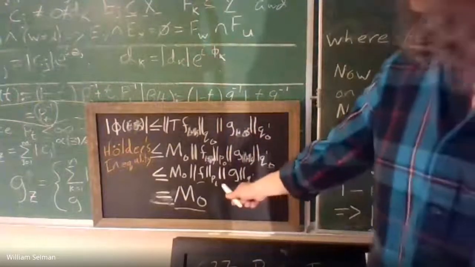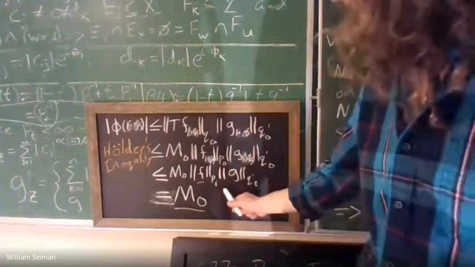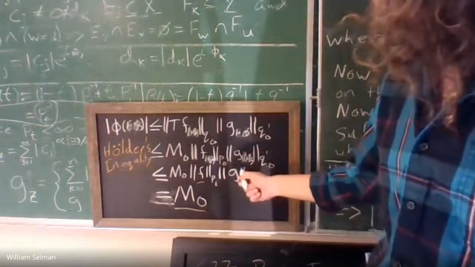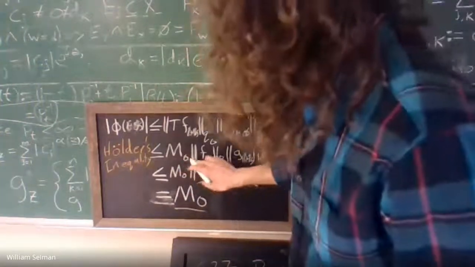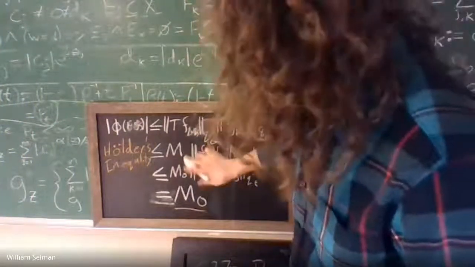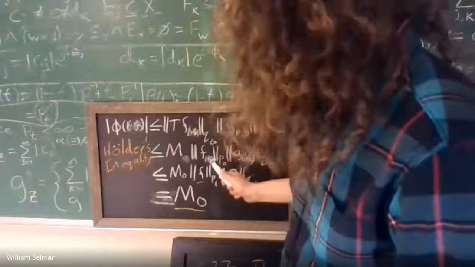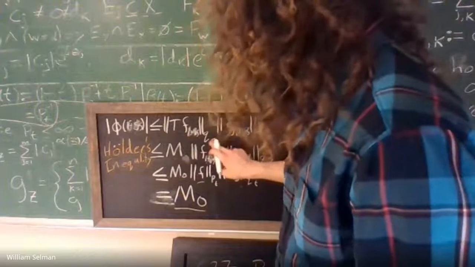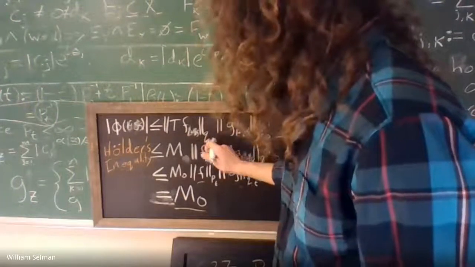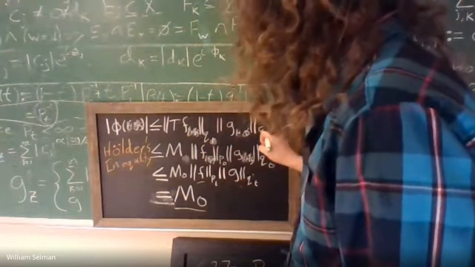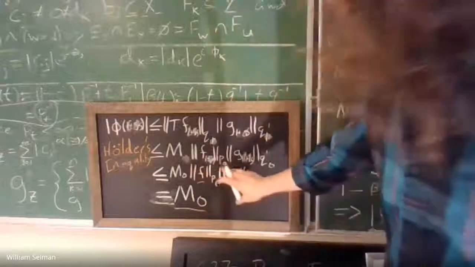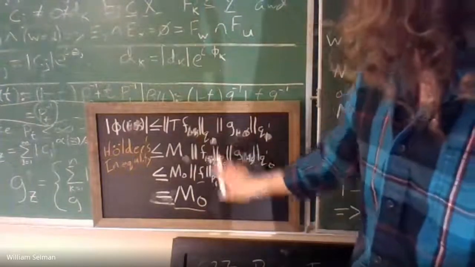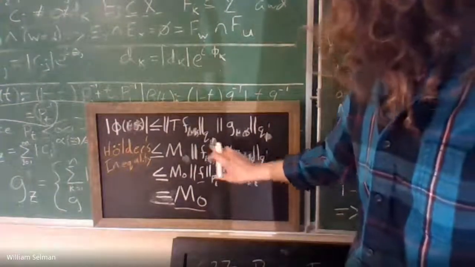And then we get to do our trick where we cancel. But now, because this is replaced with Q1 and Q naught 1, we can do the cancellation trick again.